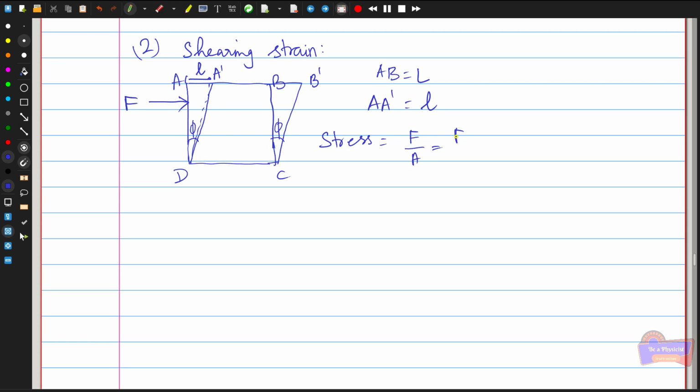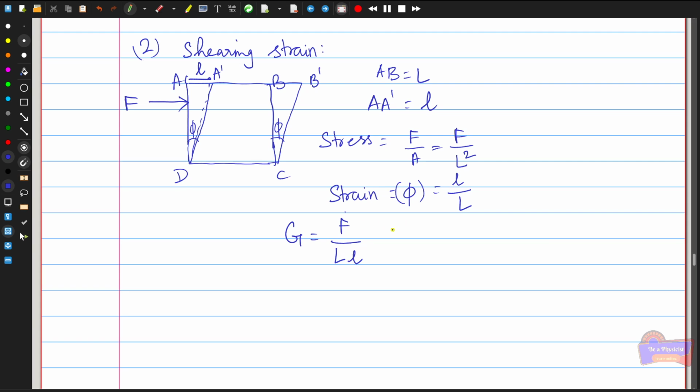So I can write this as AF divided by capital L squared, and the strain, which is equal to the phi, is the change in length divided by the total length. Okay, so I can write the rigidity modulus G is equal to F divided by L into small l, isn't it?